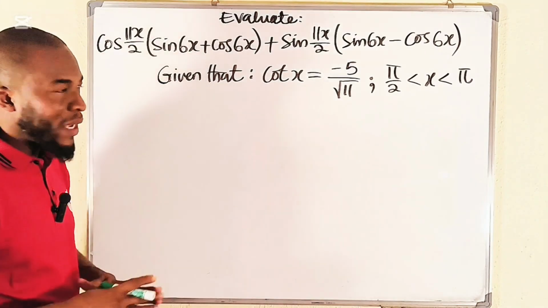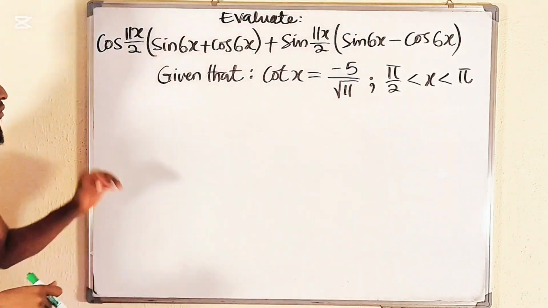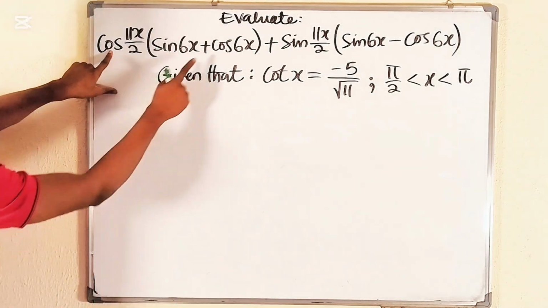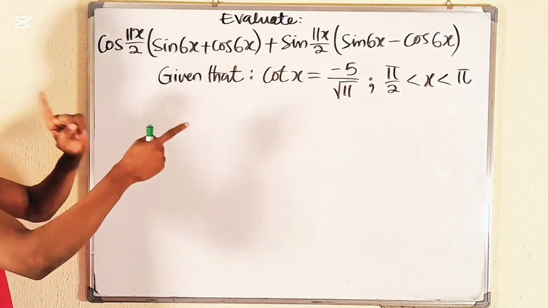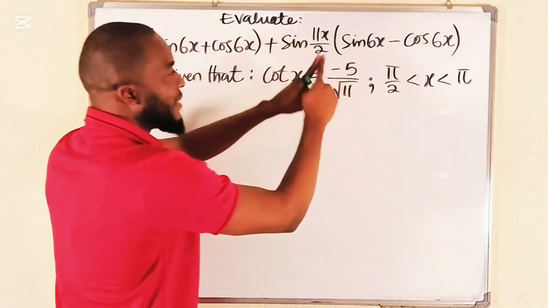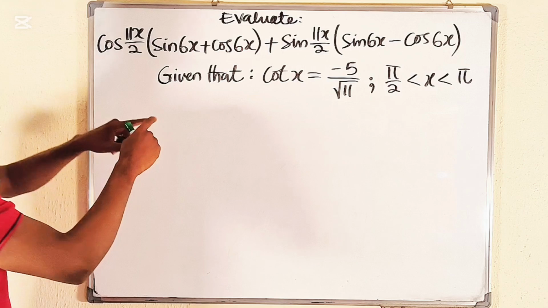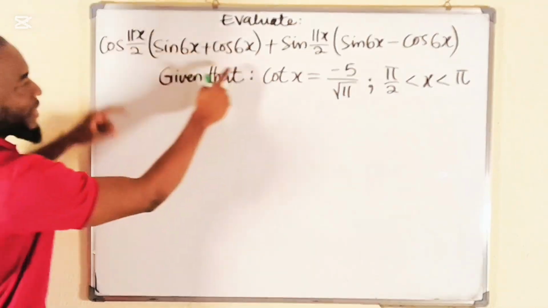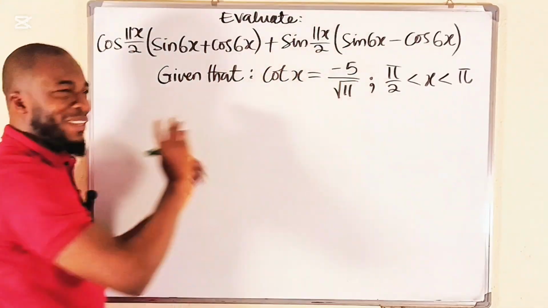So now let us expand. One thing I have observed after expansion is that we have cosine, cosine, sine, sine, so I can bring them together. Then cosine, sine, cosine, sine together as well.